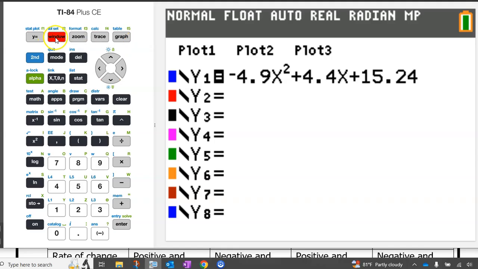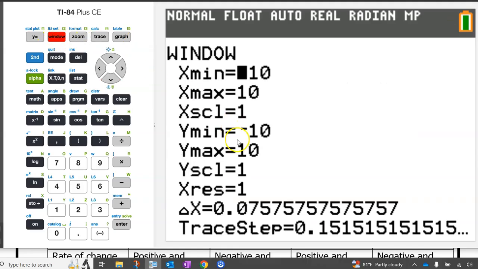So hit the window button, and the height is going to be given by the y max. Right now we have a y max of 10, but the two options mentioned maximum height of 15 point something and 16 point something. So the y max needs to be bigger than 16. So let's make it, let's say 20.